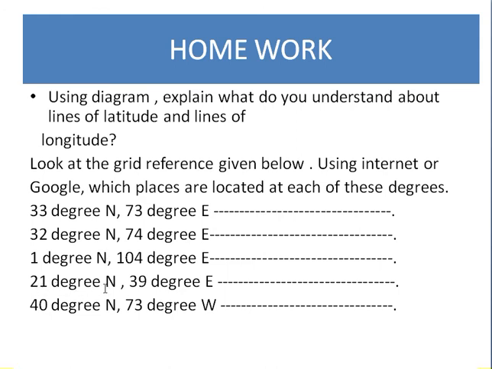Then 21° north and 39° east. You have to find out the country. Then 40° north and 73° west. It is very interesting to find out which place or which country is located at these degrees. You have to find out and write it down here.